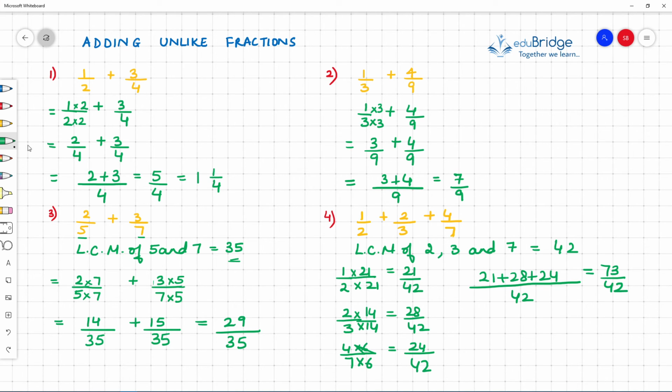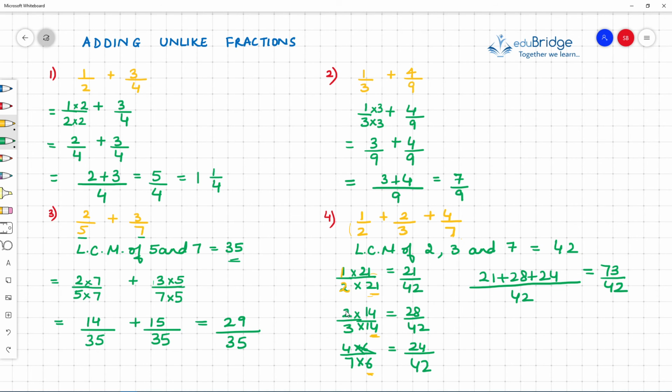Now you might be wondering, how did I figure out this 21, this 14 and this 6? How do I know which number to use where? It's very easy to find out. For the first fraction, which was 1 by 2, I picked up 3 times 7, so I multiplied the denominators of the other two fractions. 3 times 7 is 21, which is what I use here.